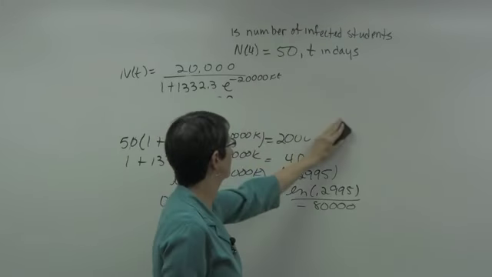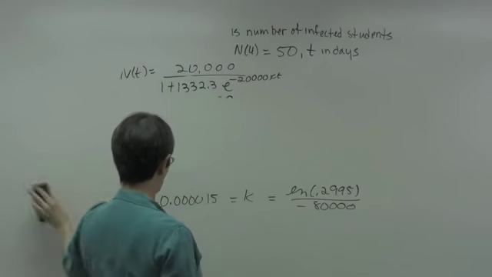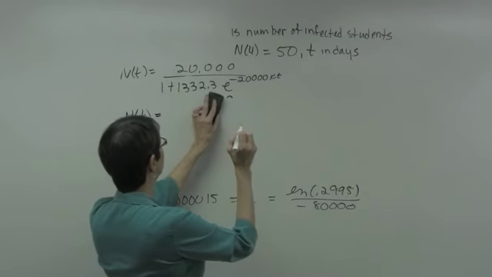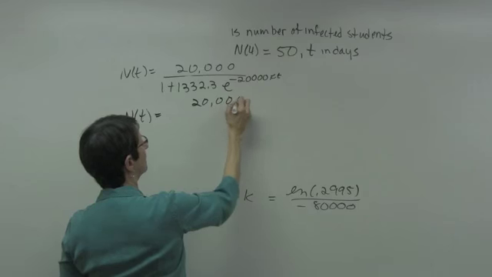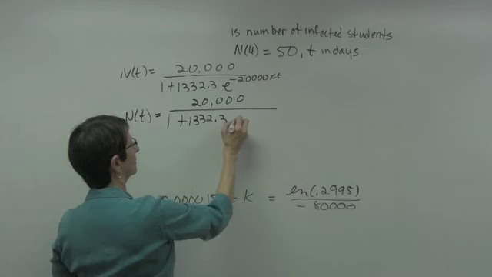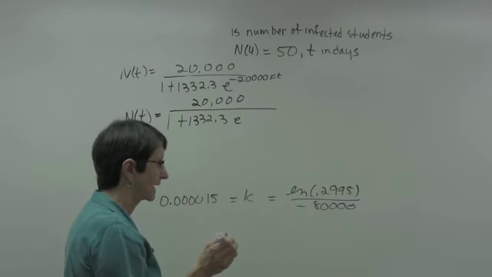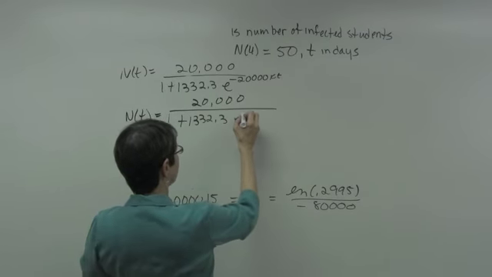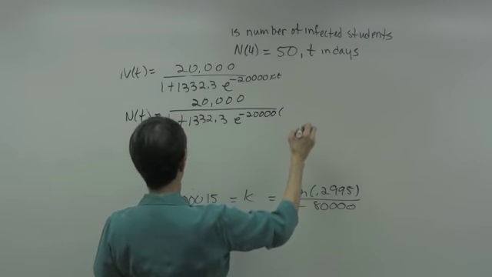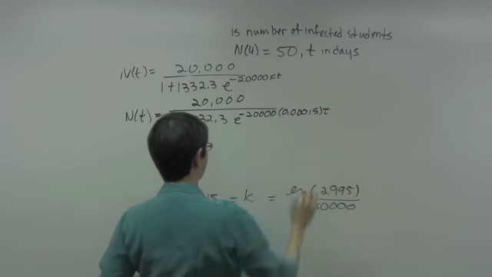So 1 plus 1332.3 e to the negative, I have to put it all back in here, 20,000 times K, which is 0.000123415, and then times T.